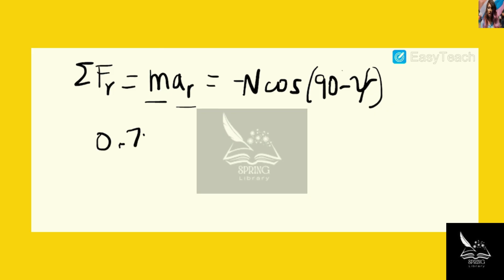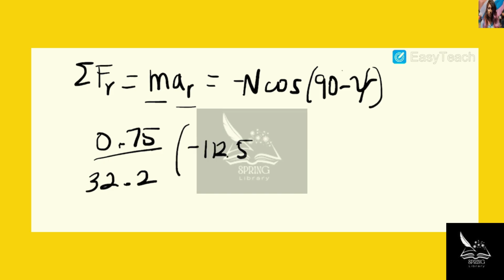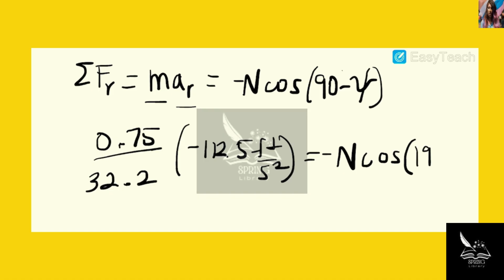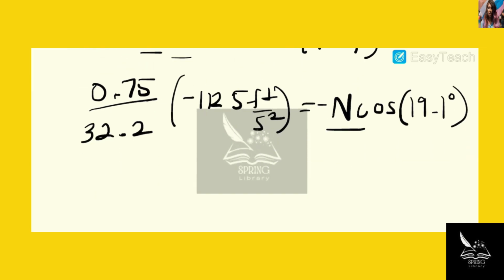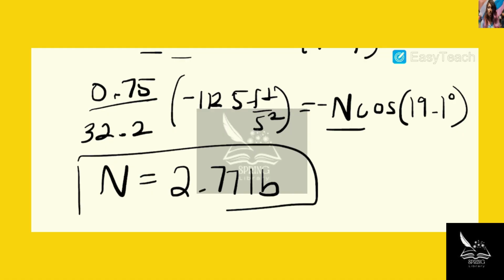So we can say that the mass is equal to 0.75 divided by 32.2, which is the acceleration in feet per second squared, times a_r, which we solved for above, which we know to be negative 112.5 feet per second squared. And that's equal to negative N cos 19.1 degrees. We can go ahead and isolate N, as that's our only unknown, and we see that our normal force is just equal to 2.77 pounds. And that's our final answer.